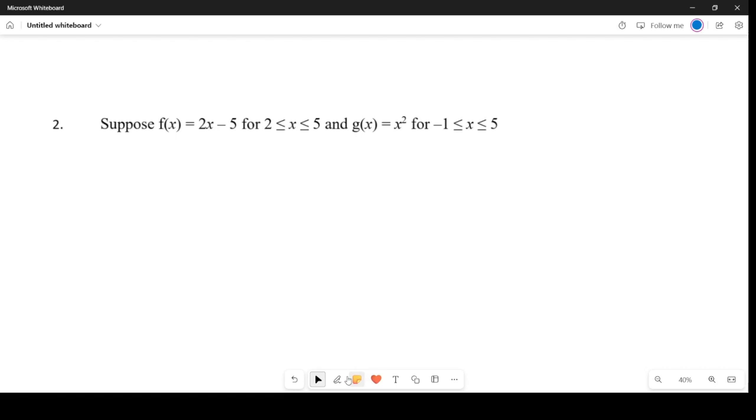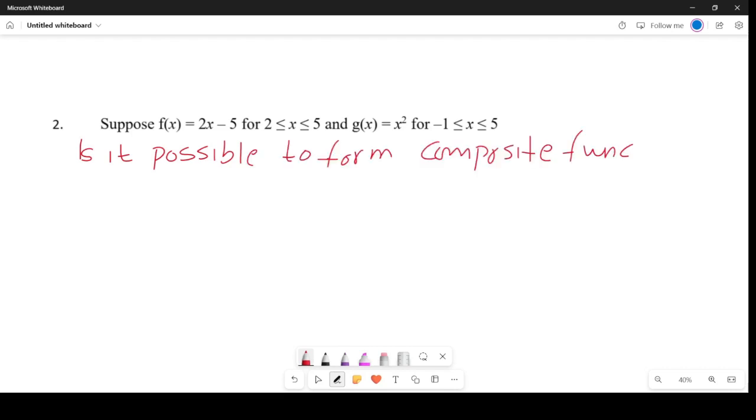The question is still the same: is it possible to form the composite function gf?